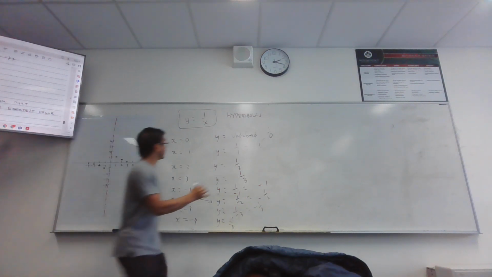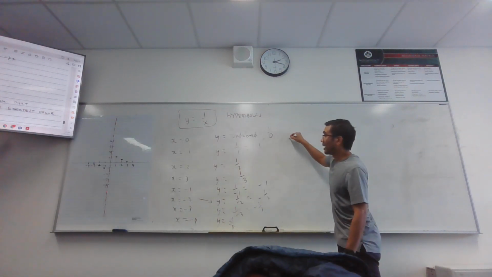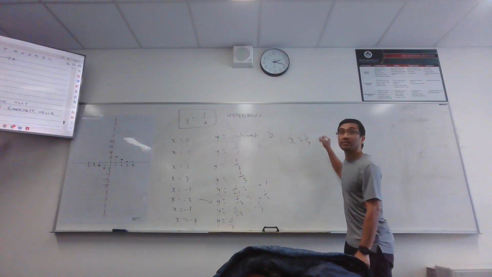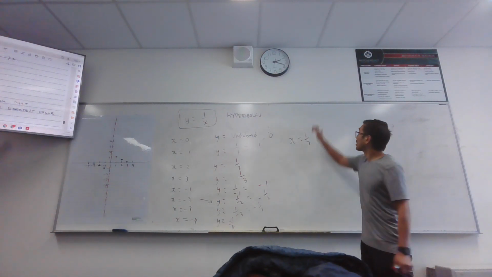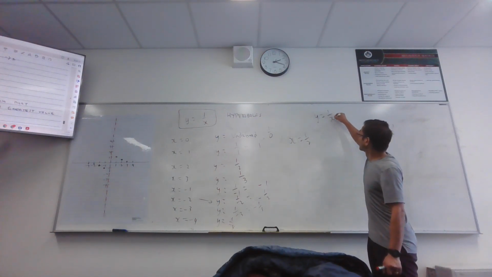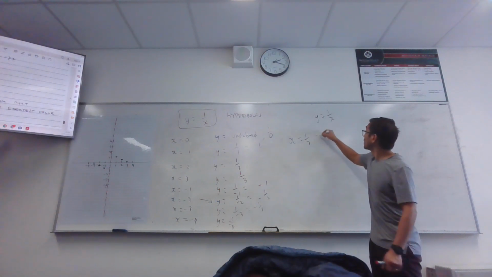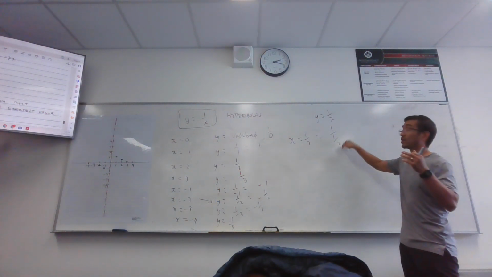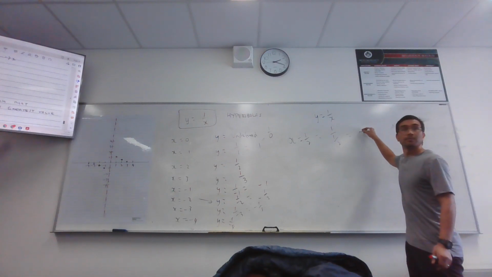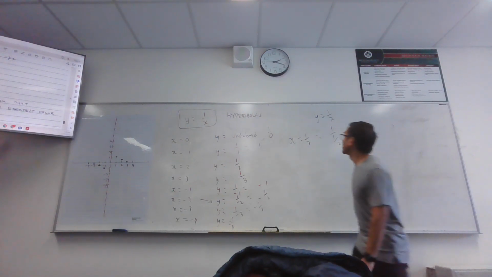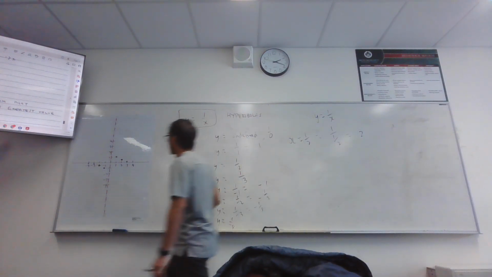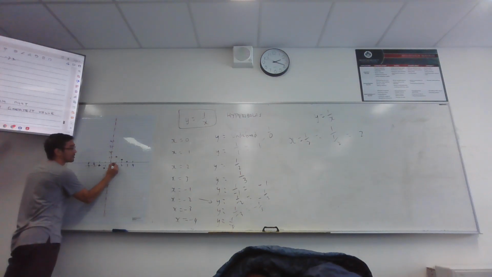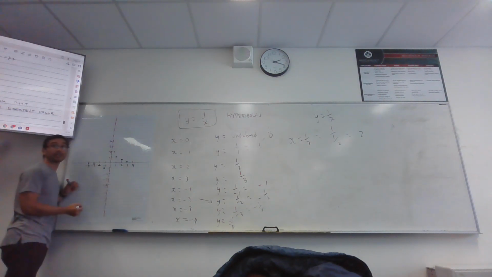Now, if I did x equals half, that's 1 over half. How many halves are in 1? 2. So at half, I'm at 2. See what's happening there?